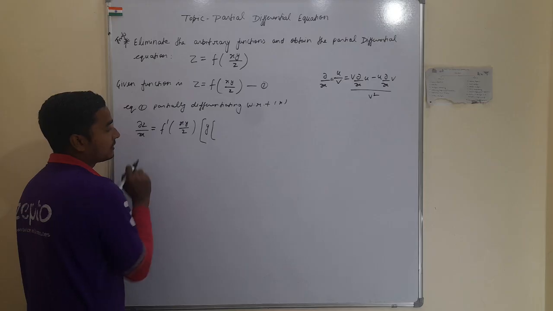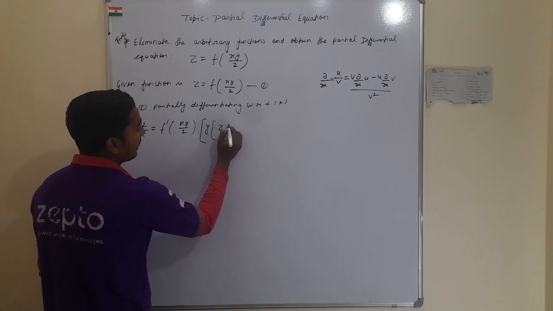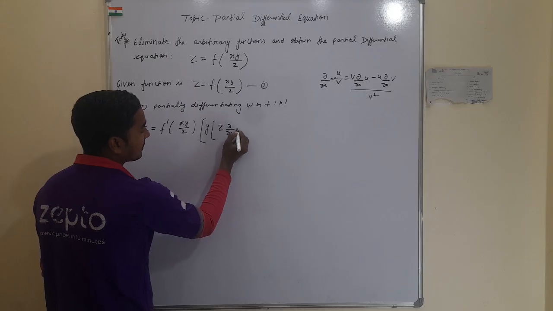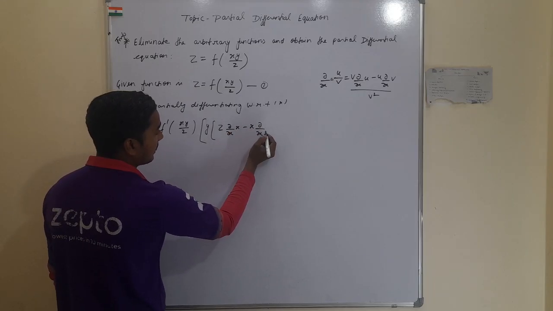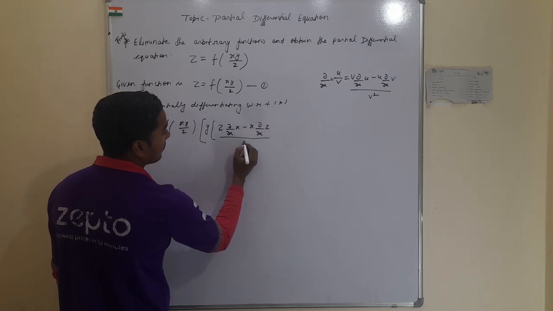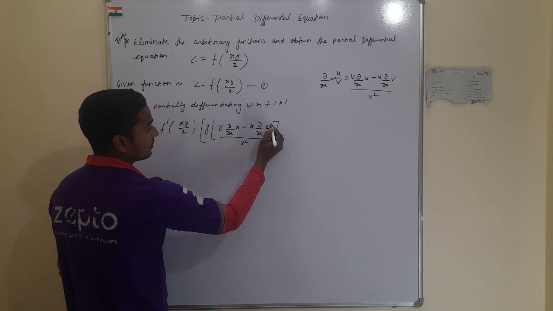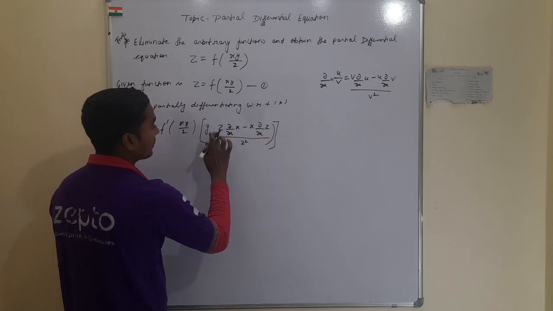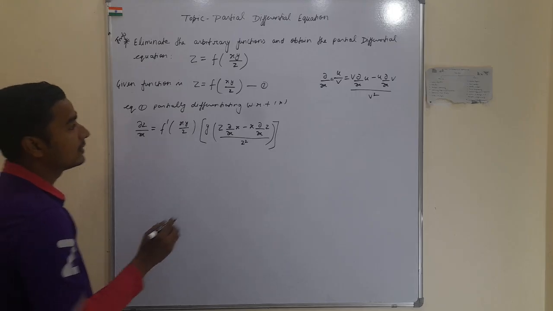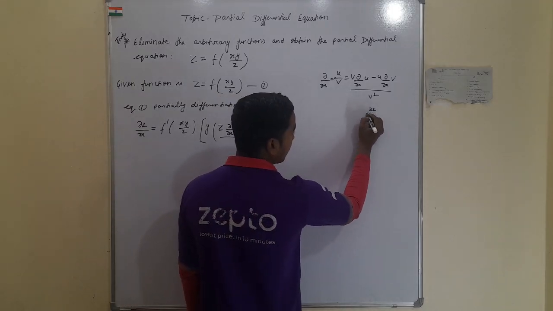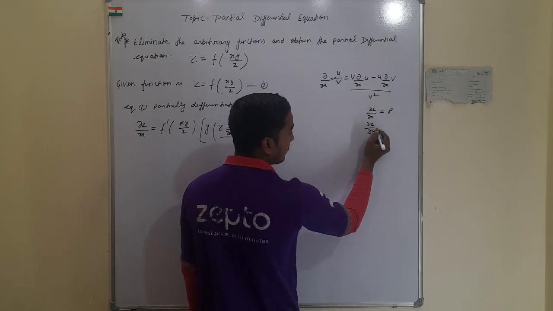Here u is x and v is z. So we write z into del x upon del x, that is z, minus x into del z upon del x, upon z square. We also know that del z upon del x is p, and del z upon del y is q.